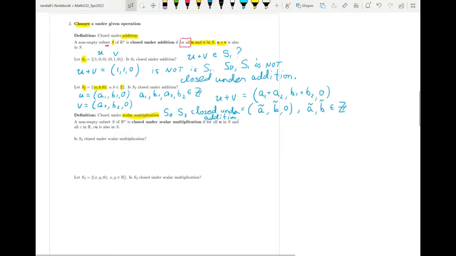Let's move on to the other notion of closure, which is related to the second algebraic operation we have on vectors, that is scalar multiplication.